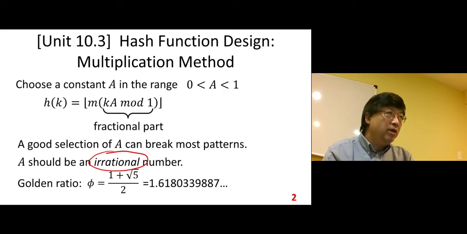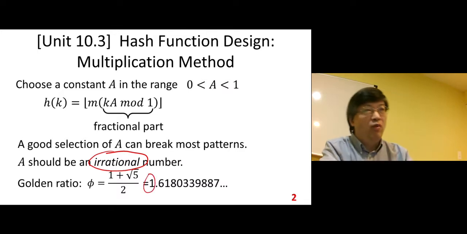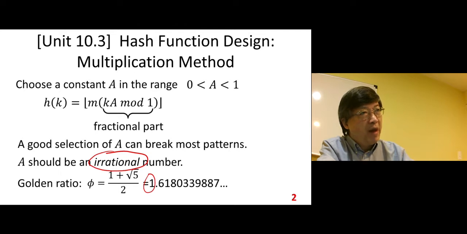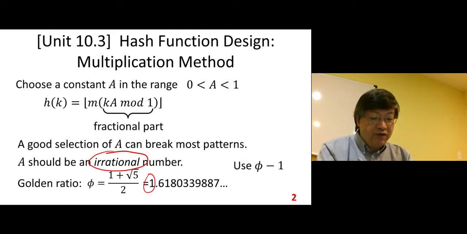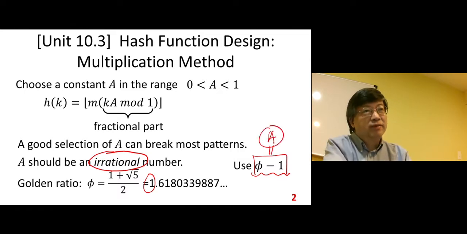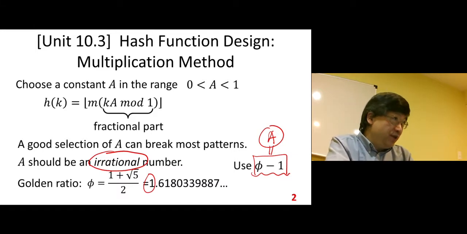That is this number. But we want a number between 0 and 1, so we don't need this 1. We drop that 1 and use phi minus 1. That is our A. That's a good candidate, although there are many other candidates we can use.